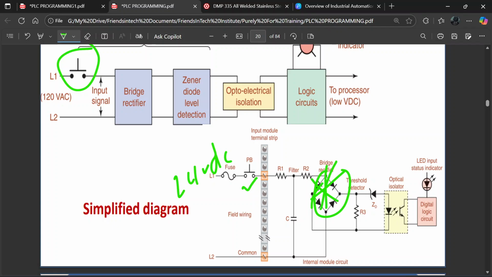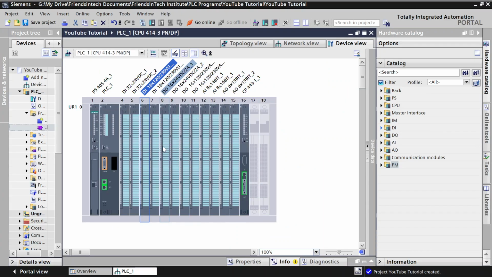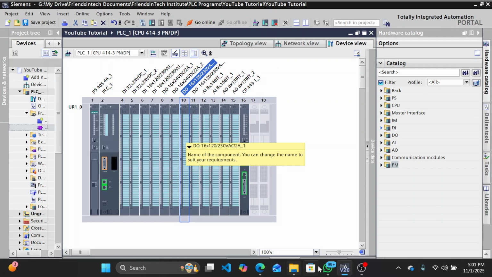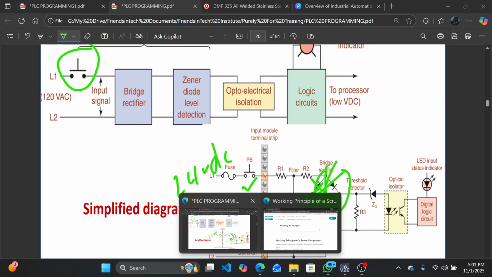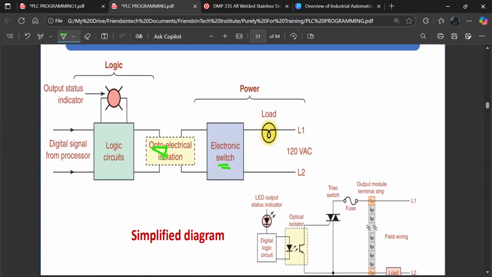All right. Now, what about the output card? If you take a look at digital outputs, we have one for 24 volts and the other one for 120/230 VAC alternating voltage. Now, what is the circuit for this? So this is the circuit.